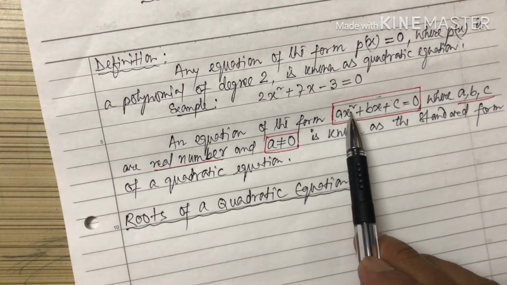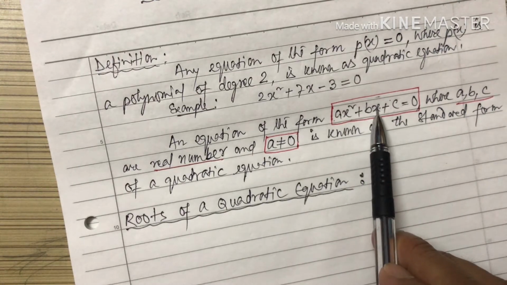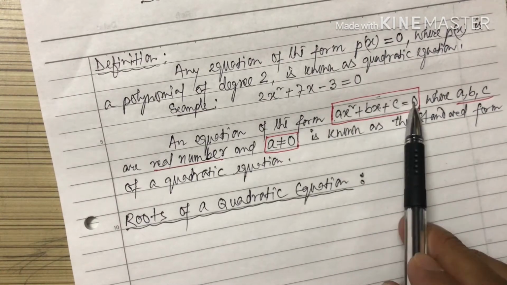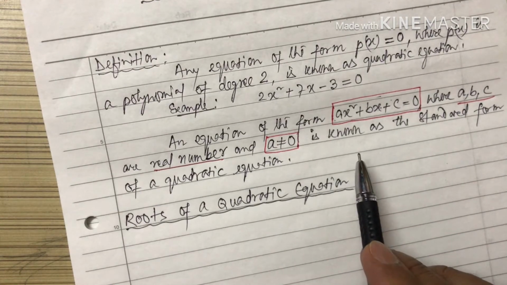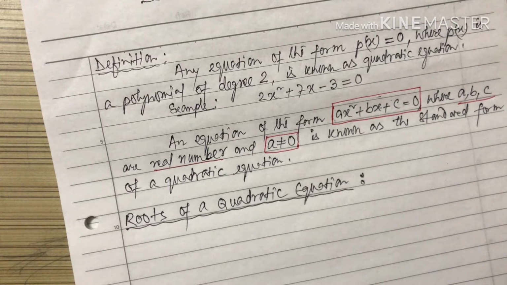Unlike linear equations where you learned two variables, in this chapter there will be only one variable, x or y or z. The value of this variable which makes the left hand side 0, because both sides should be equal, is known as the root of that particular quadratic equation.